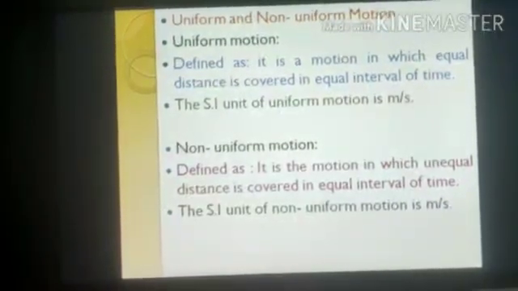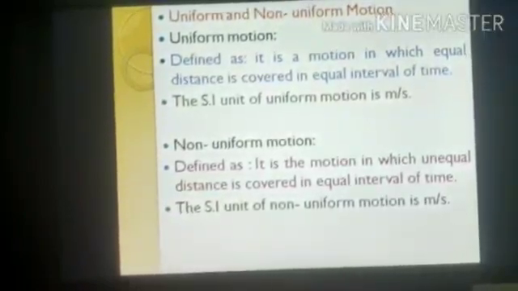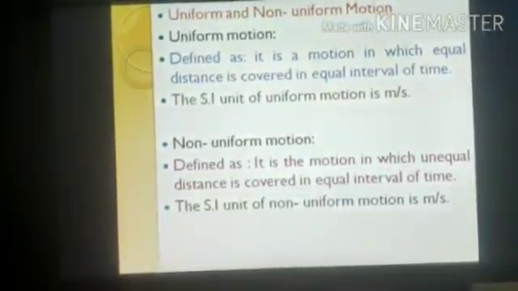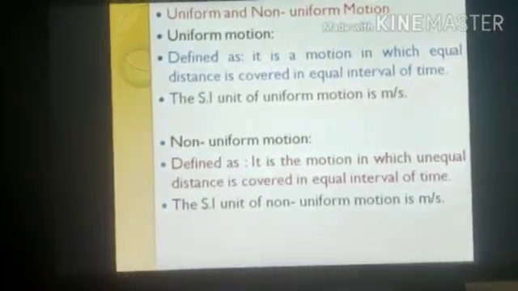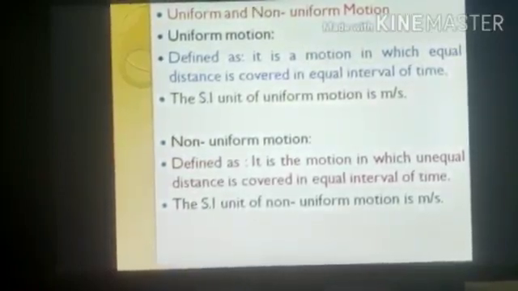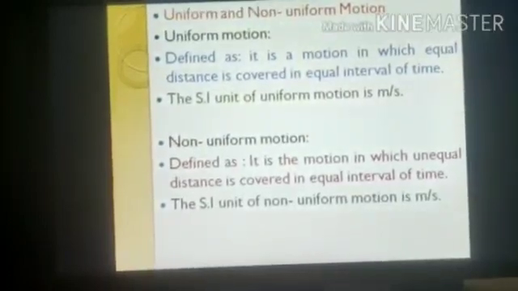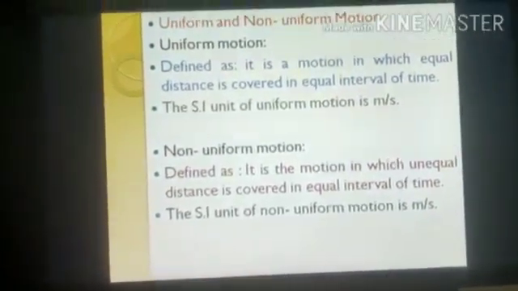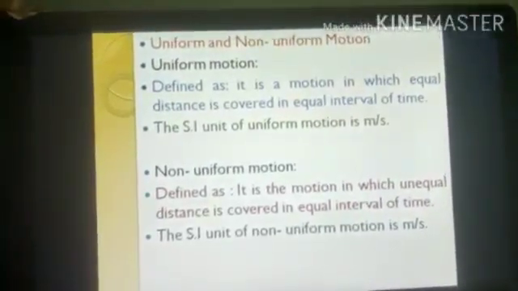So there is a change in speed occurring continuously, but the time is increasing, like 10 minutes, 15 minutes, 1 hour. Time is moving equally, but your speed is continuously decreasing and increasing. It is known as non-uniform motion. I hope you are clear with this concept.